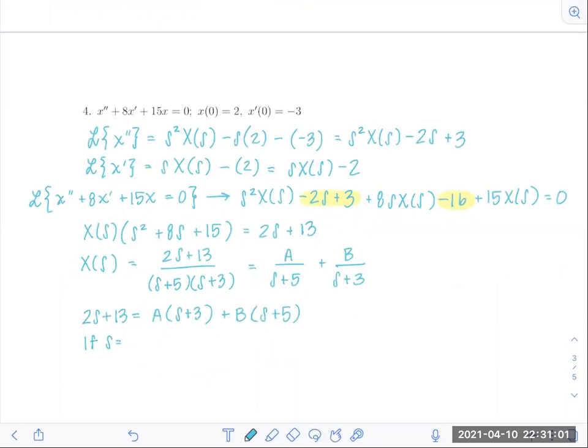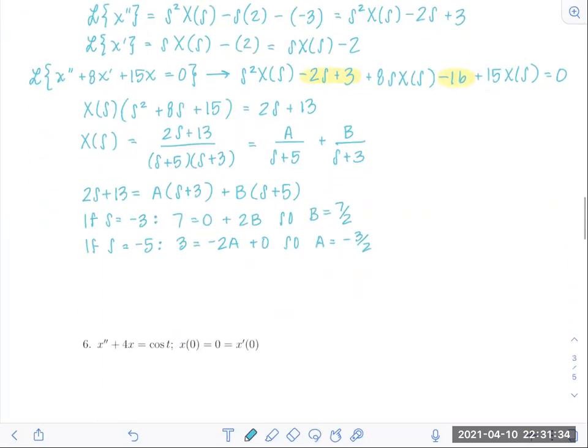If s equals -3, then my left-hand side is -6 plus 13, so 7 equals 0 plus 2B. So B equals 7 halves. If s equals -5, then I have -10 plus 13, or 3, equals -2A plus 0. So A equals -3 halves.